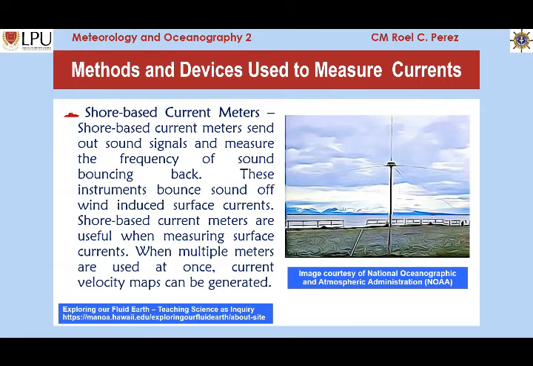Shore-based current meters are useful in measuring surface currents, and when multiple meters are used at once, current velocity maps can be generated. So this is actually just like an antenna, which is near the shore, and with its principle, it can measure current in the nearby ocean.